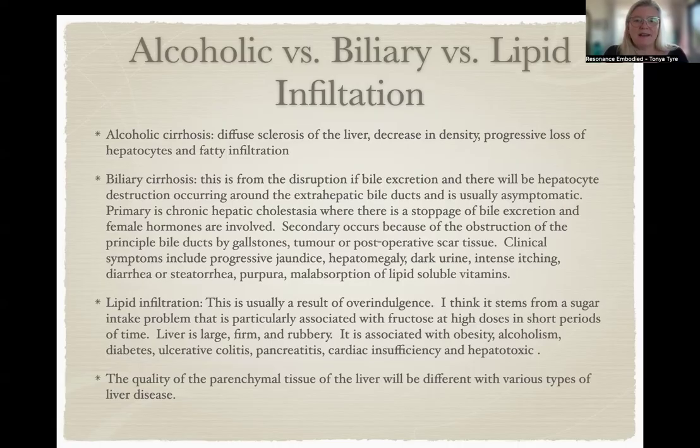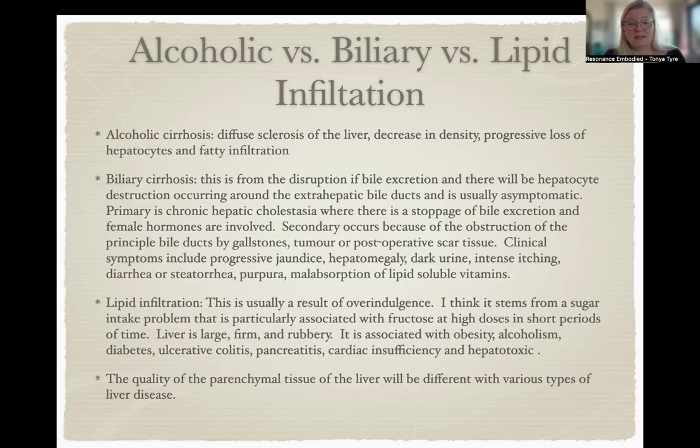So bile is very destructive. You do not want it in high concentrations anywhere. And so one of the things that we'll see is the stoppage of bile excretion in primary biliary cirrhosis. And actually, it's usually something we see in women. It's associated with female hormones, etc.